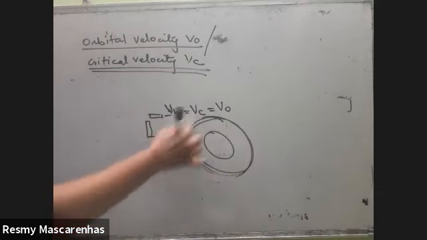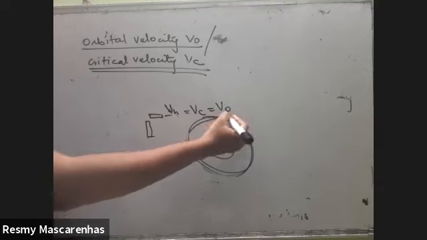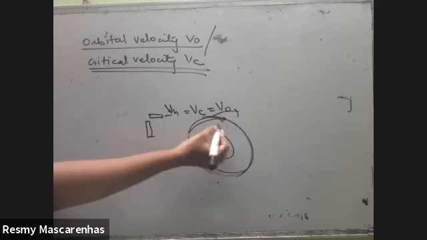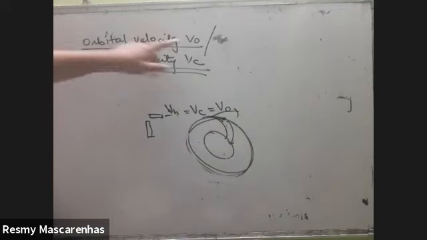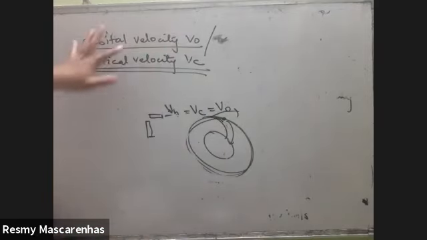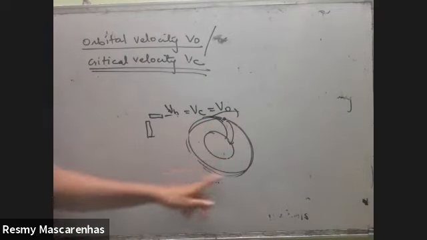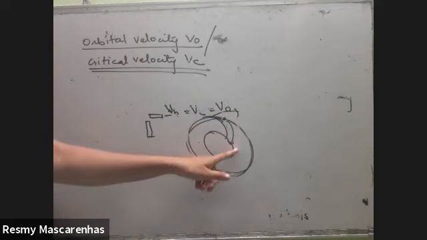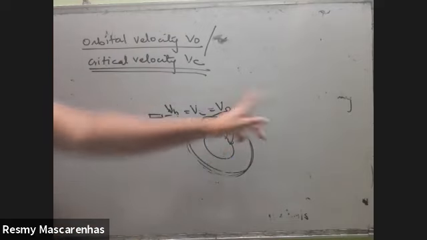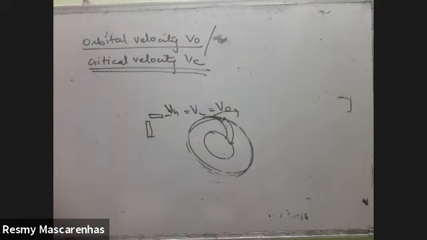Otherwise, what will happen if it is more? I told you it goes outside, and if it is less, then it will fall back to the Earth. So this velocity is very important for any object or any satellite to remain within the force of gravitation without falling back on the ground or going out of the line.